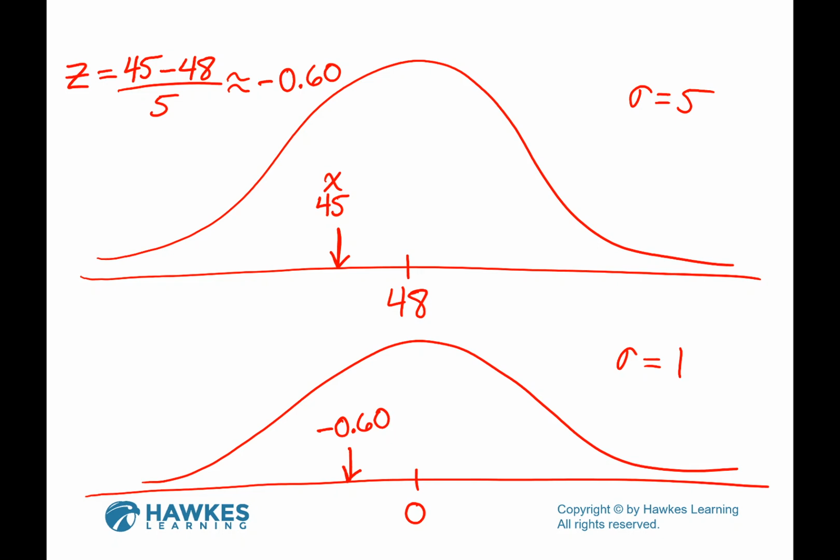And then the other thing we've done is our standard deviation was 5, so it was spread out some certain amount. But now we've changed our standard deviation to 1, so we've squished it to make it line up with this curve. And we can do that no matter what mean and standard deviation we start out with.